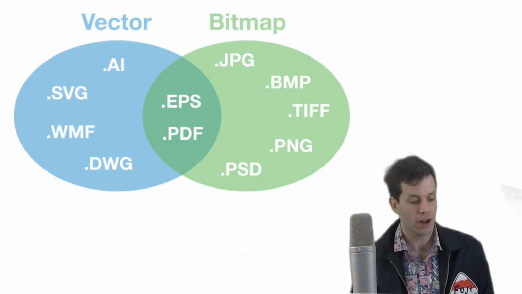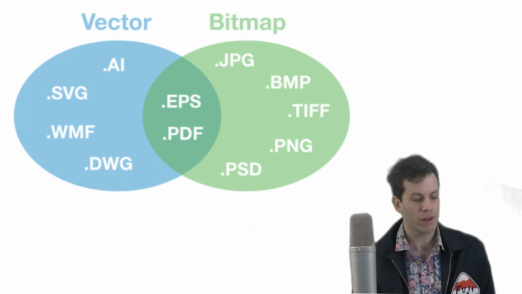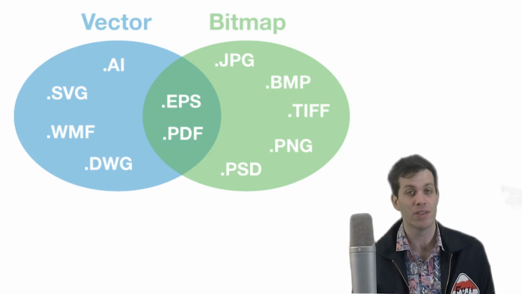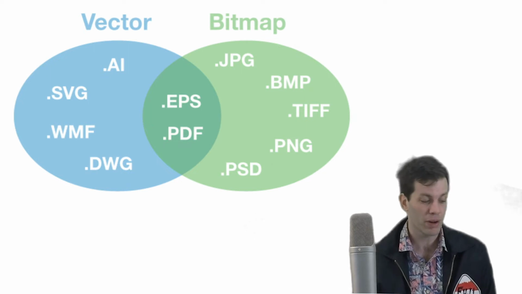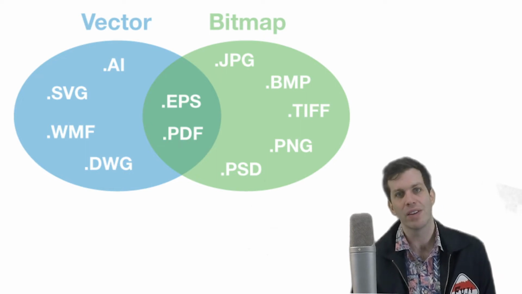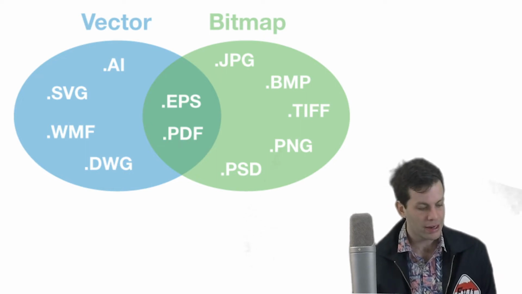The most popular vector drawing programs are Adobe Illustrator and CorelDRAW, which I've never used. There are a few others, but Adobe Illustrator is the king of vector drawing programs, though you can use vectors in things like SketchUp too.